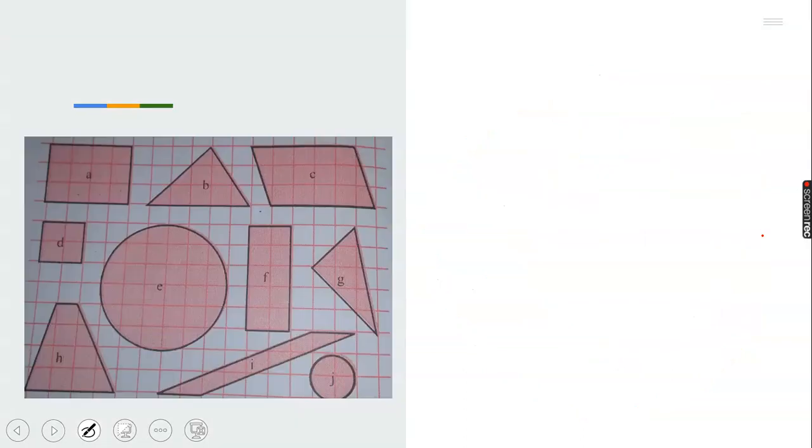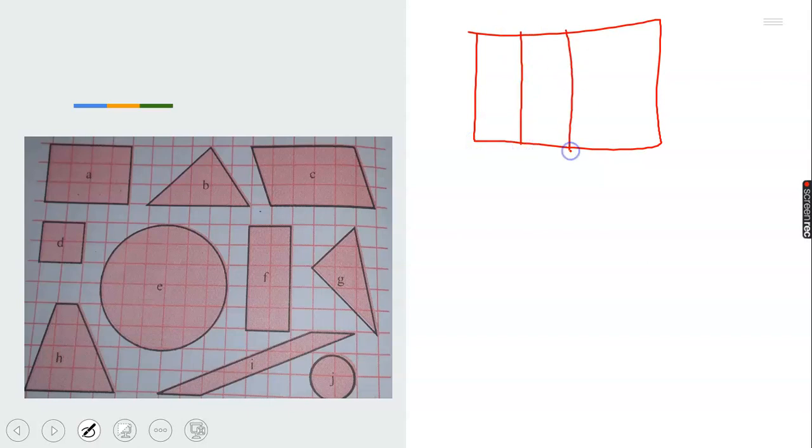Now, let's use this first diagram as an example. 1, 2, 3. 1, 2. Now, this is the length, this is the breadth. To get the area, this is what you do. You count all the boxes, all the squares that you can find on this surface.